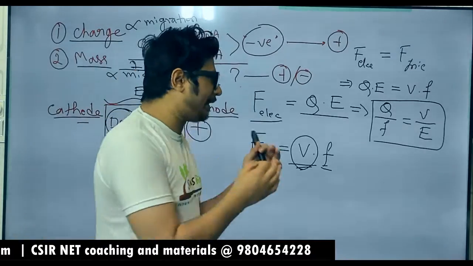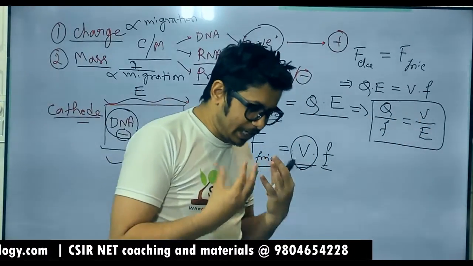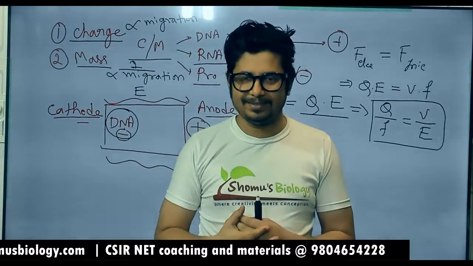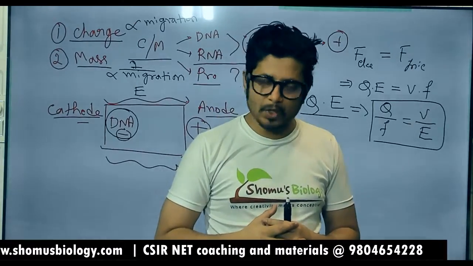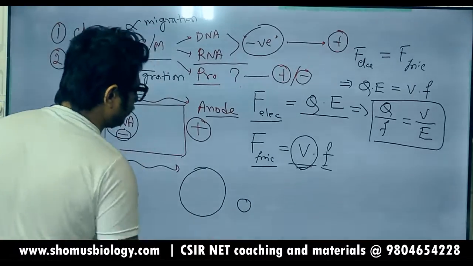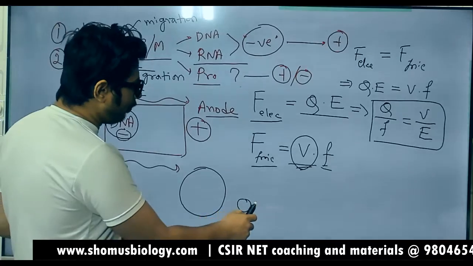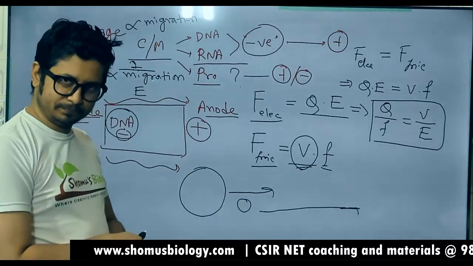So in very simple words, what I can say from this equation as well, if our target molecule has less mass, it will migrate further. If it has more charge, it will migrate further. So if I compare a large molecule and a small molecule in a mixture with the help of electrophoresis, the small one will move further, the large one will move slowly.